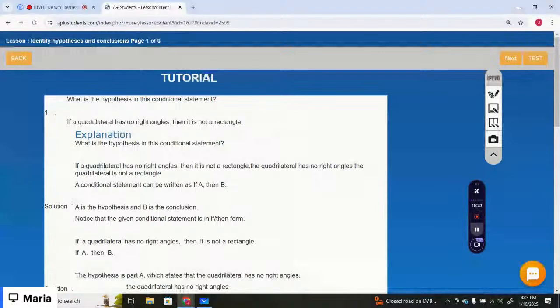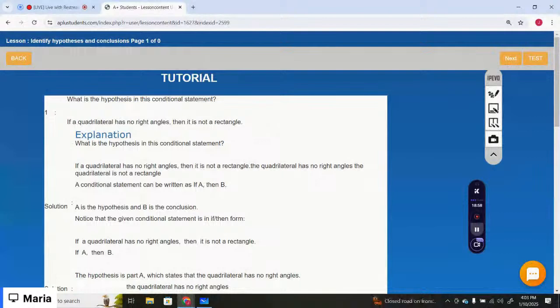What is the hypothesis in the conditional statement? If a quadrilateral has no right angles, then it is not a rectangle. The one that is after the if is the hypothesis.